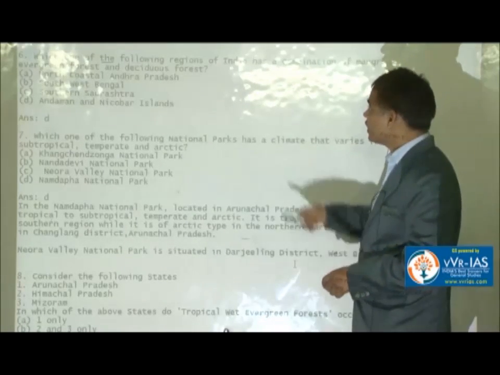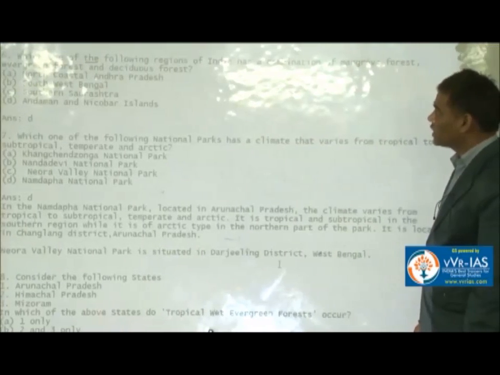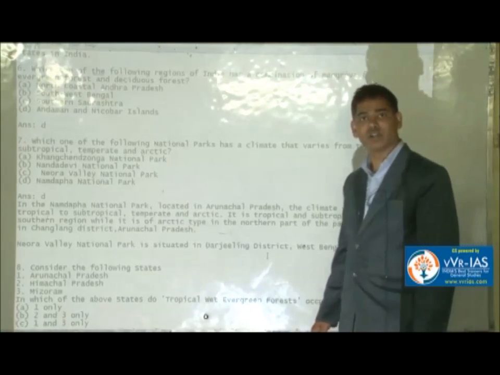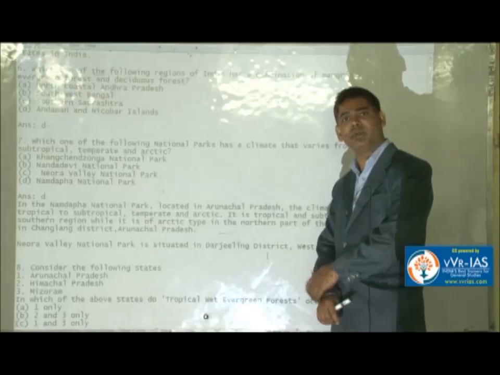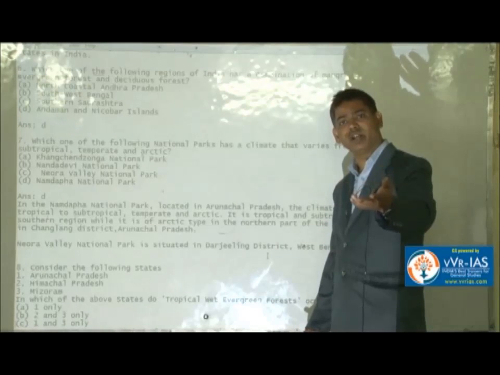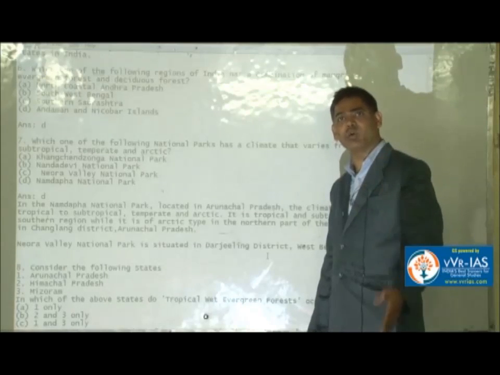Which of the following regions of India has a combination of mangrove forest, evergreen forest and deciduous forest? Mangrove forest is available in India in the Sundarban, in Bhitarkanika, which is located in Odisha, in Kakinada in Andhra Pradesh, and in the Andaman and Nicobar.